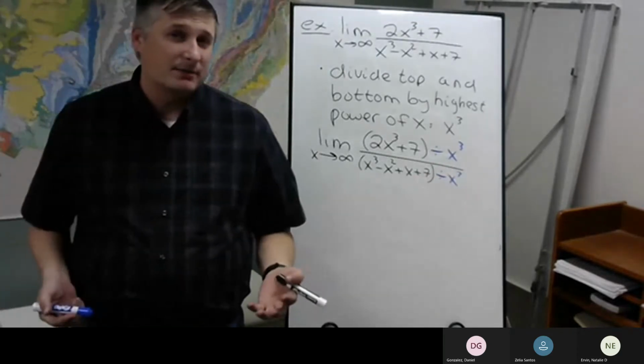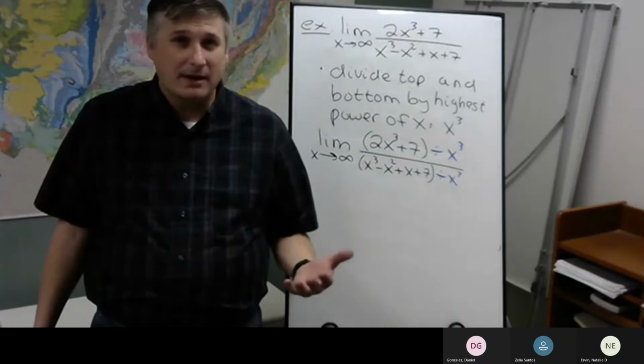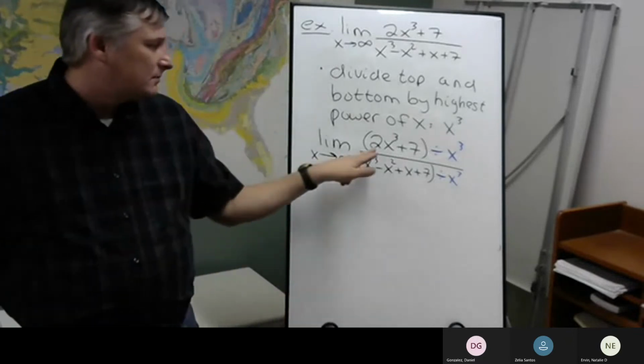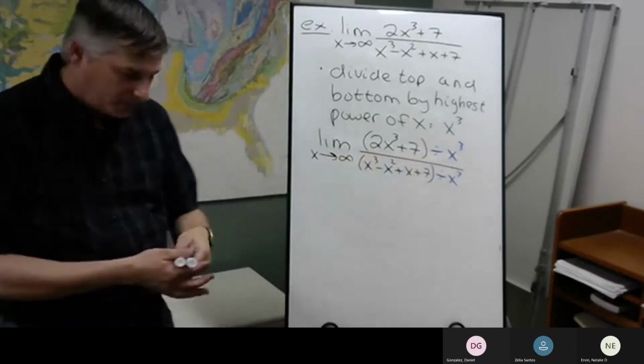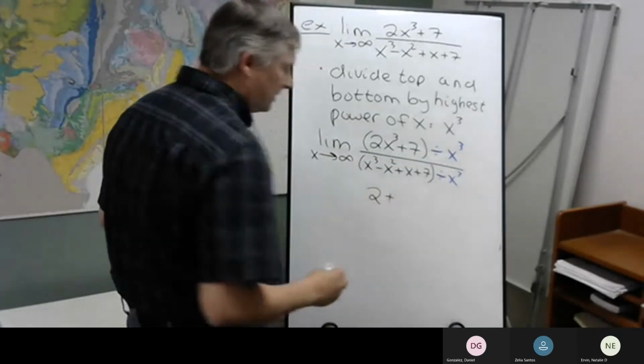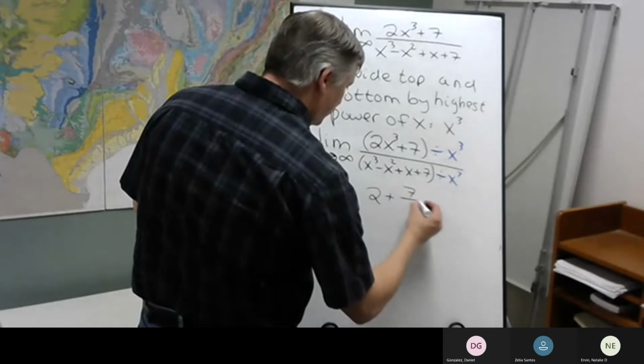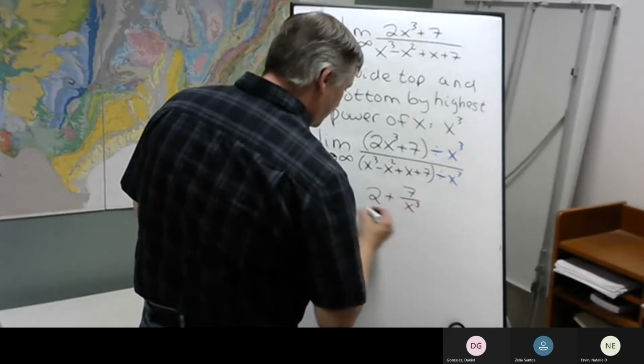You're going to divide top and bottom by x cubed. So that means you're going to take every single term, divide by x cubed. So 2x cubed divided by x cubed, well, that's just going to be 2. And then 7 divided by x cubed, well, that's 7 over x cubed.